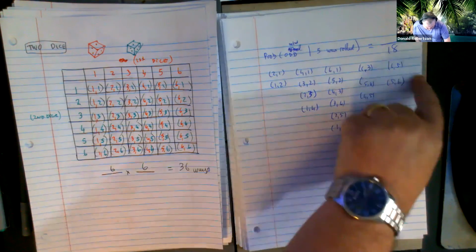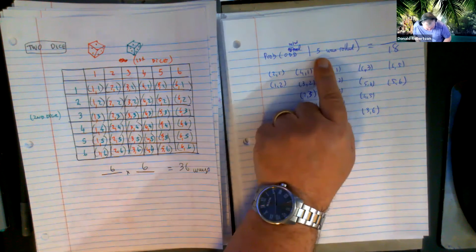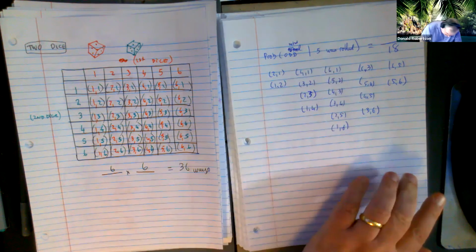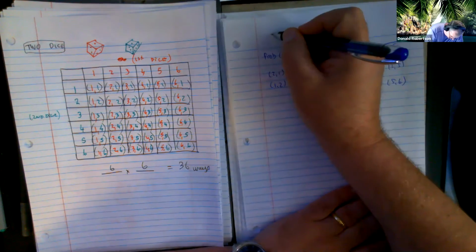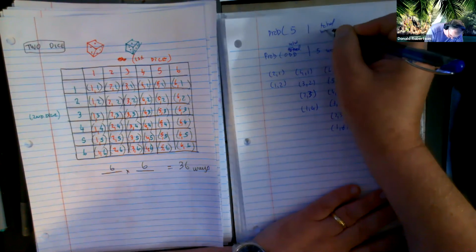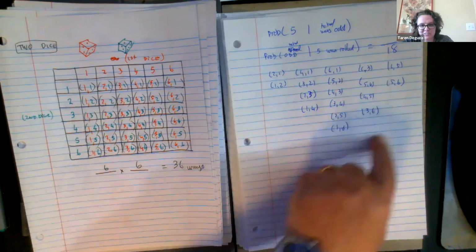Now, how many of them? I just did this question the wrong way around. I've just answered the probability that you get a 5 given that the total was odd. Right, that's given the total was odd. Okay, that's what I was so confused.